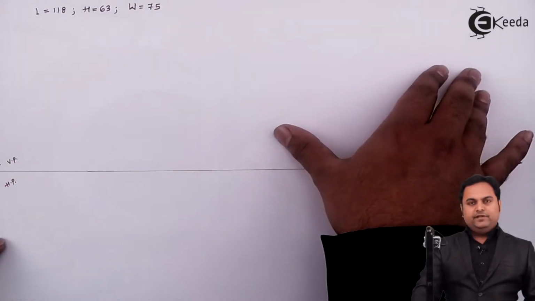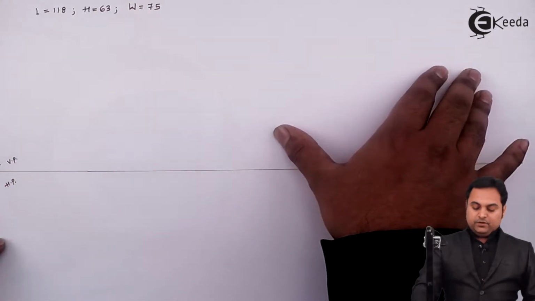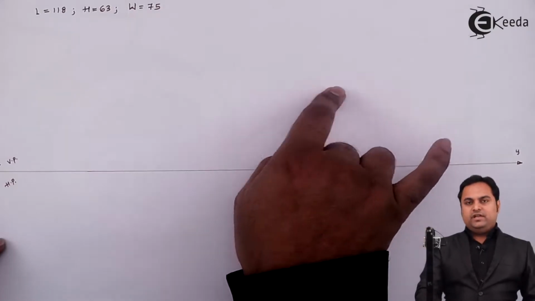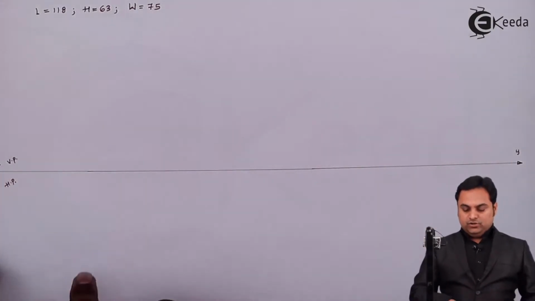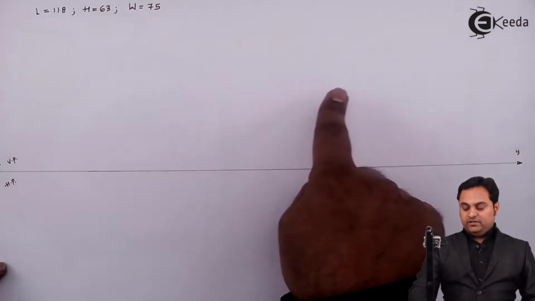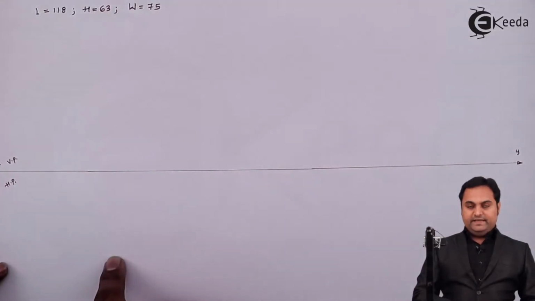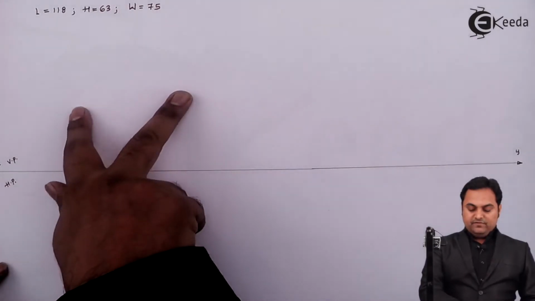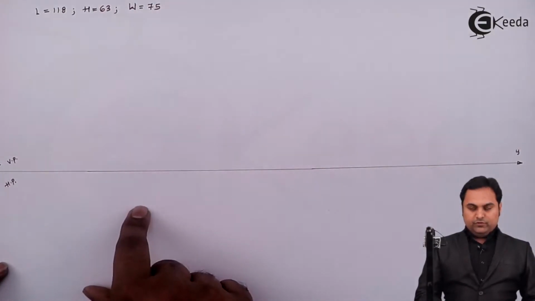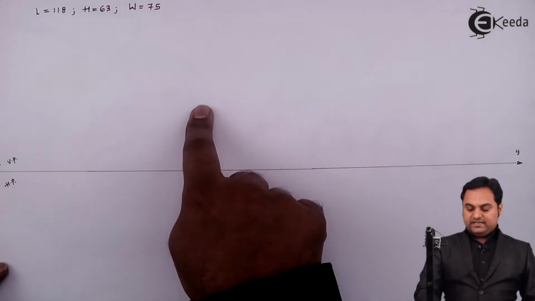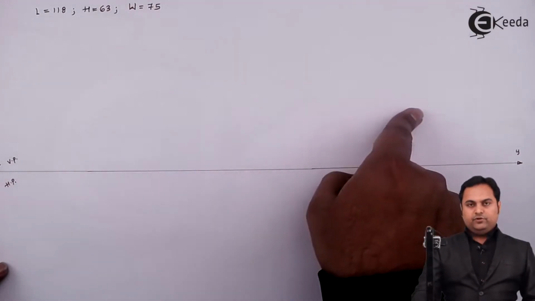It means the side view will be in VP, and the front view and side view are adjacent to each other. The front view will be on the left, the side view on the right, and the top view will be below the front view in HP.